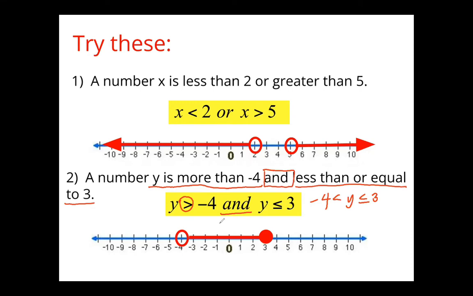Now, I just wanted you to notice that if you were to graph this just as normal inequalities, y is greater than -4 would point to the right, and y is less than or equal to 3 would point to the left. So you see here that they intersect one another, and that would give you the connecting line that you have right here.